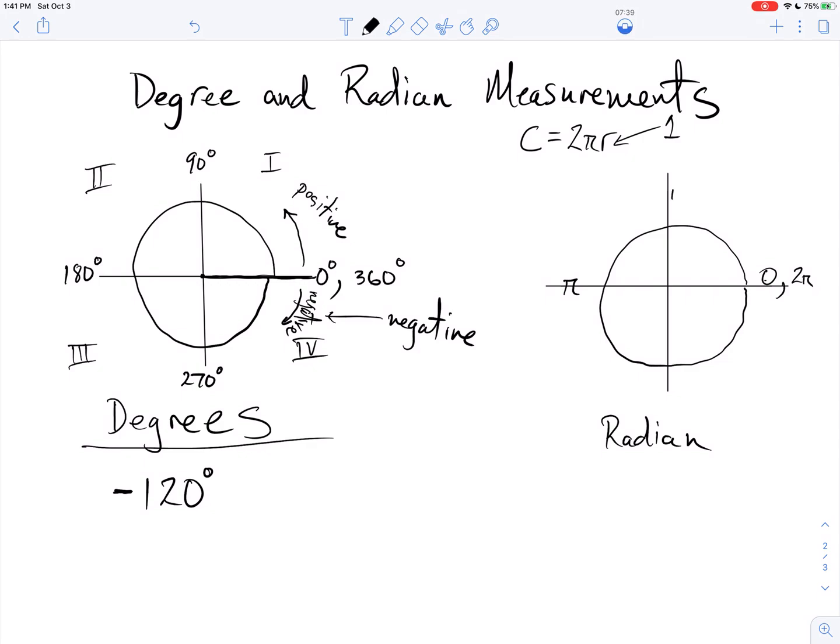A quarter of the way around would be pi over 2, half of pi. And then if I go a little bit farther, this is 3 pi halves. So what I'm trying to get at is there's different ways you can classify angles. One of them is using the word degrees. One is using the word radians.